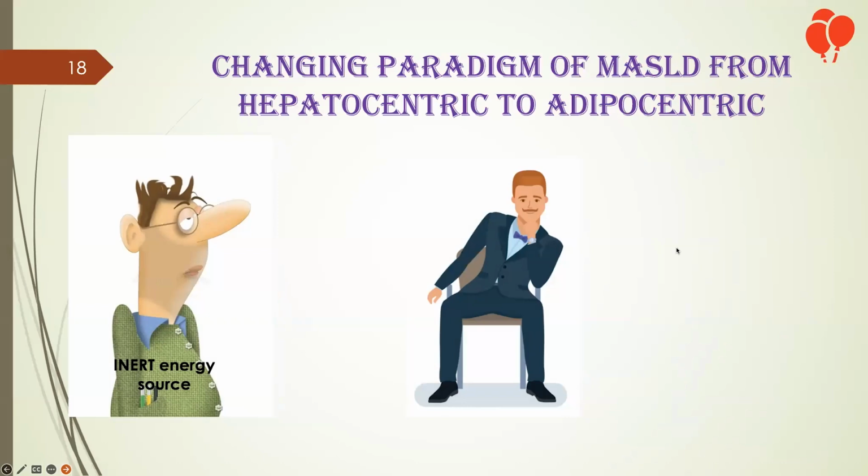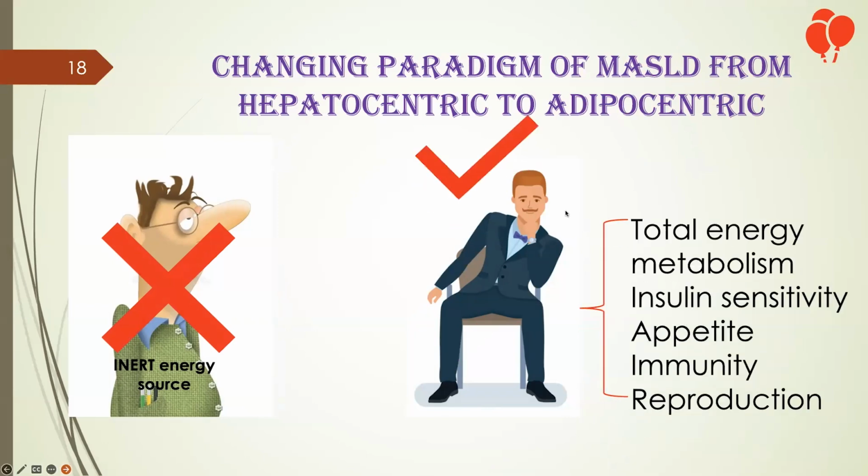Earlier it was thought, so what if you have fat? You look obese and you look ugly. And everybody thought that deposition of fat in the liver was just an inert energy source. But nowadays we realize that fat is not a simple dump energy source. It is an active moiety. It is a smart guy which is involved in total energy metabolism.